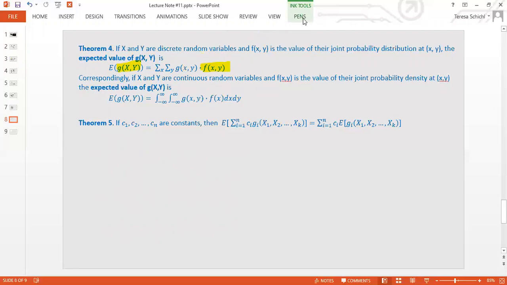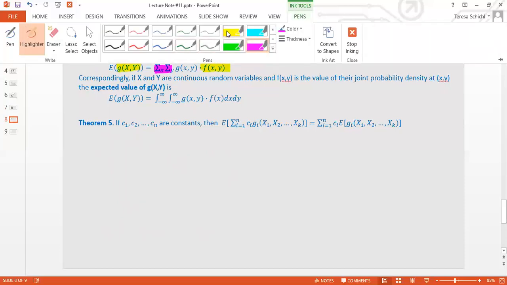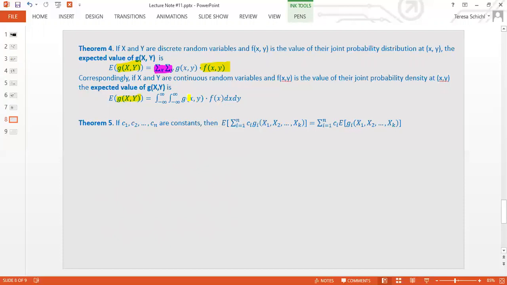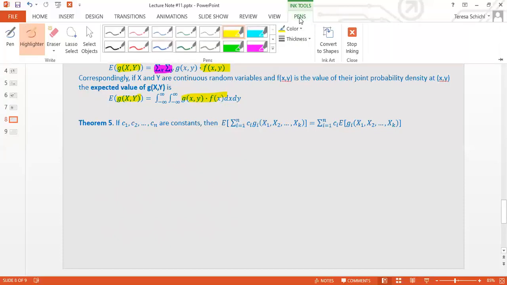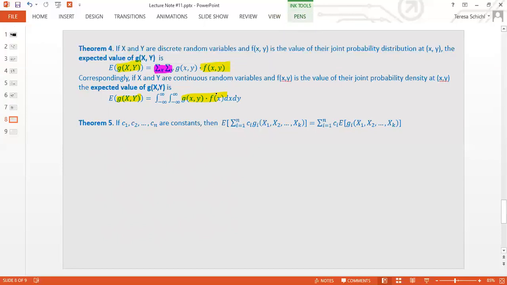And because you have x and y, you integrate over both. Here I made a mistake, this is a typo.